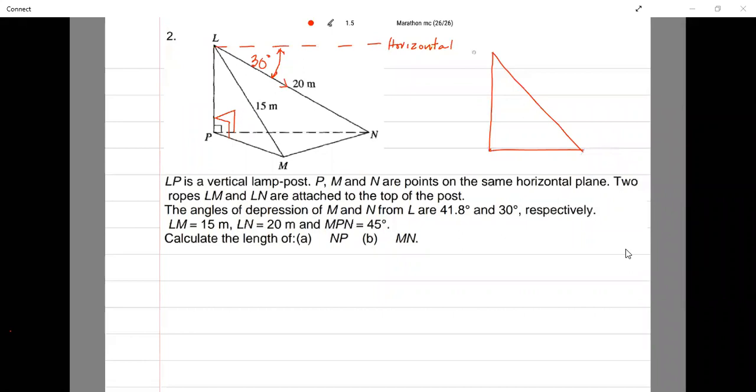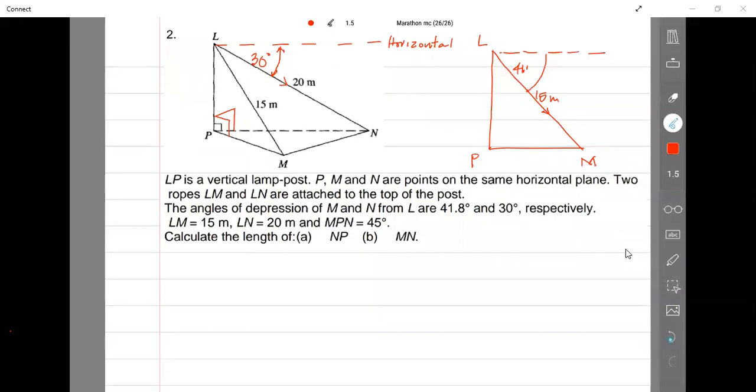All right, this is L, this is P, and this is M. This is my 15 meters. This is the horizontal. And the angle of depression is the angle between the horizontal and the line of sight. That angle is 41.8 degrees.